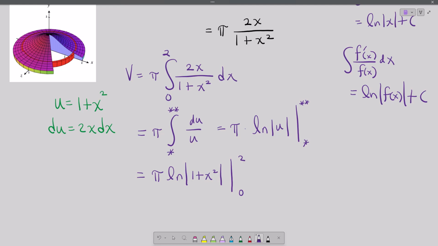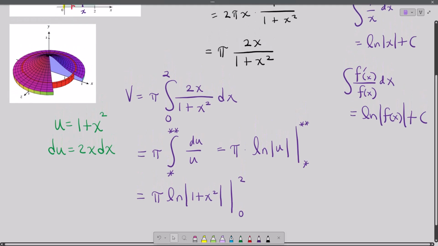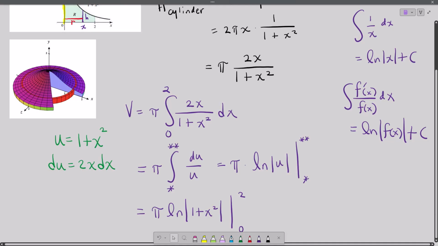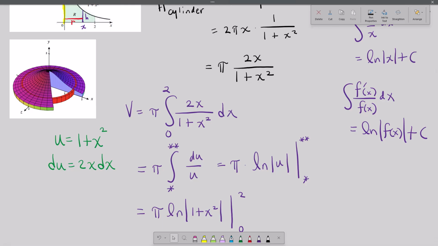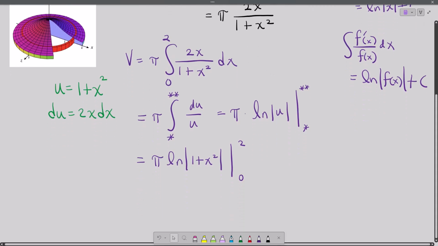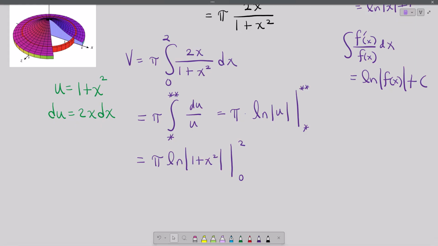So this is the piece I want you to see. Isn't this what you did right here? If the denominator's derivative is the numerator, the answer is natural log of the absolute value of the denominator. Isn't that what we ended up with? That's going to be something we're going to see so many times this semester that we're going to call it log form because it's going to show up so much. We want to have a name for it.